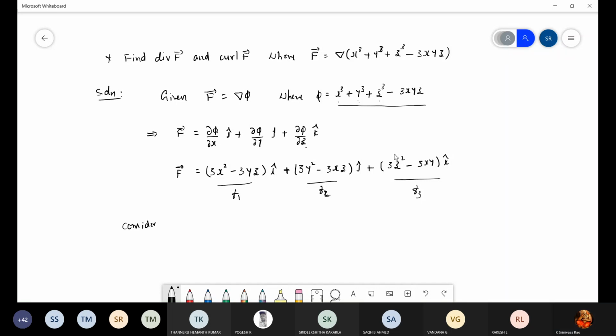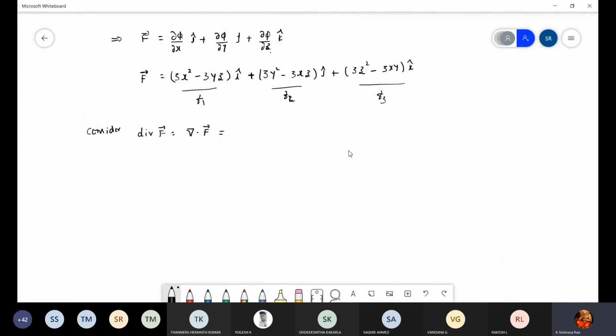Now consider div f, that is equal to del dot f. If you write the symbol, then you can understand at least. What is the del dot f formula? Dou f1 by dou x plus dou f2 by dou y plus dou f3 by dou z, without i, j, k.